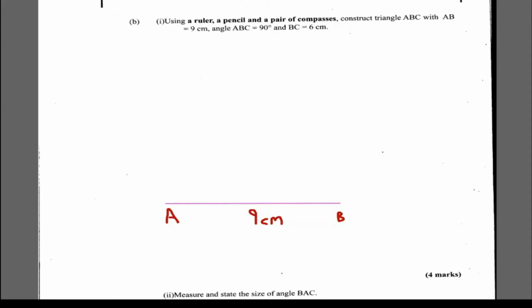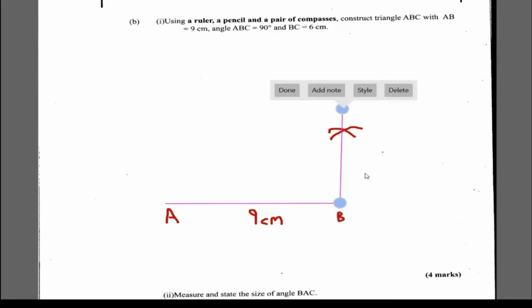Of course, I'm just giving you a rough sketch. So of course, you're going to swing your arcs here. All right, open your compass wide, swing your arcs and stuff like that to get this being 90. Something like that. But then what did the final thing say? It states that BC is supposed to be 6 centimeters. So you're going to make sure that this is just 6 centimeters. Bring it down a touch.